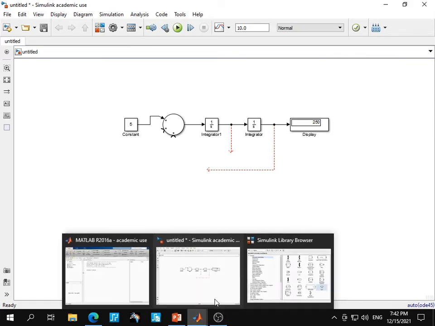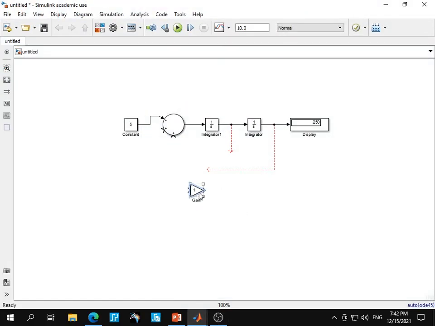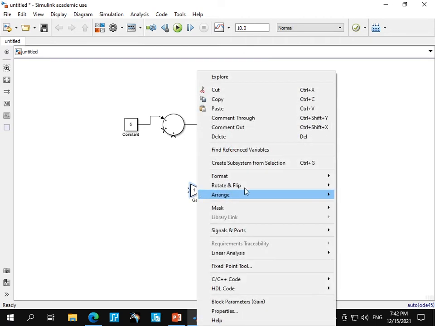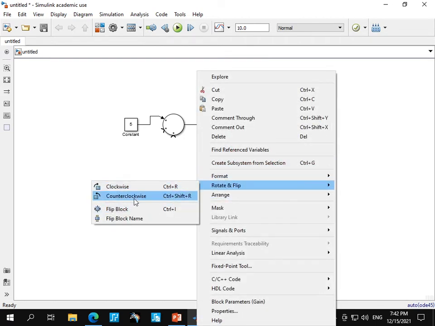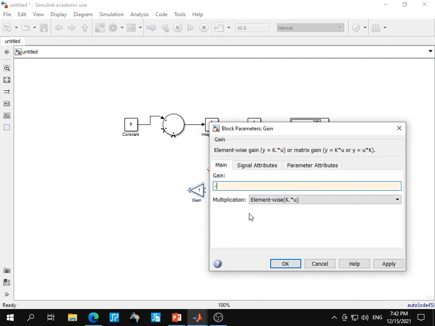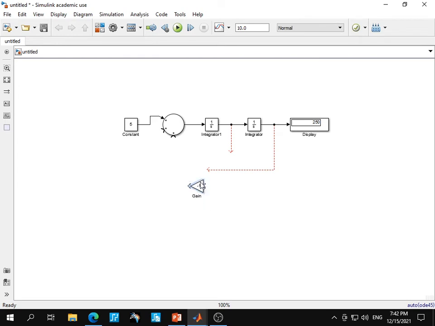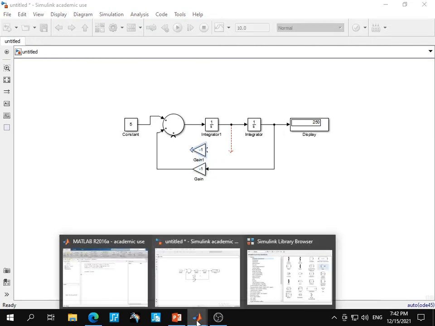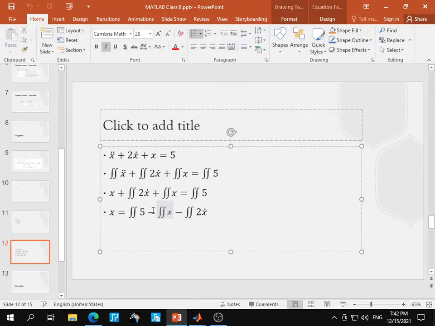And now you need a gain, and flip it, and set it to -1. So plus negative x, and then plus negative 2x dot.